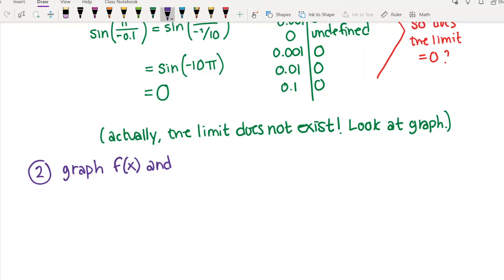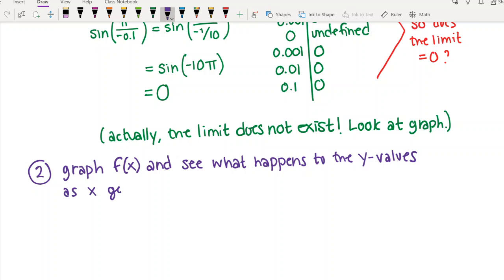So you're going to graph the function and see what happens to the y values on your graph, because those are your outputs of your function, as x gets closer to a. So this is basically what we're going to be focusing on today.